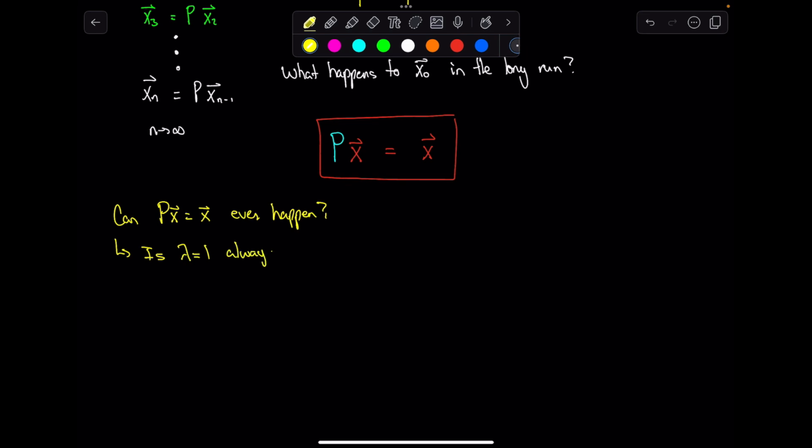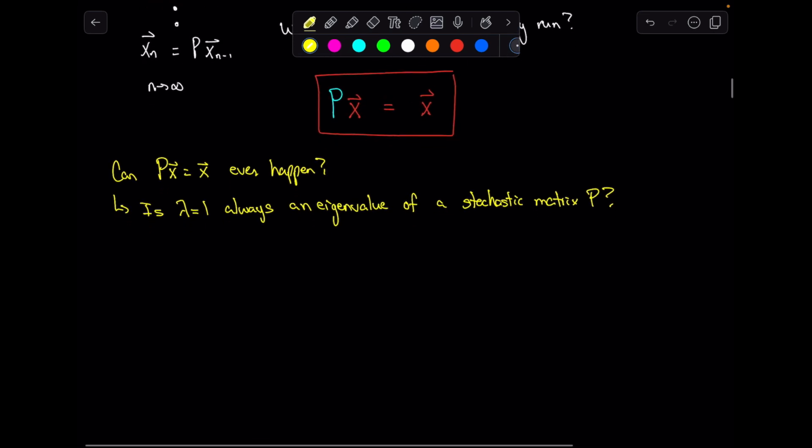In order for this to happen, lambda equals 1 always has to be an eigenvalue of a stochastic matrix P. Okay, so the question is, is this always true? And it turns out that it is.